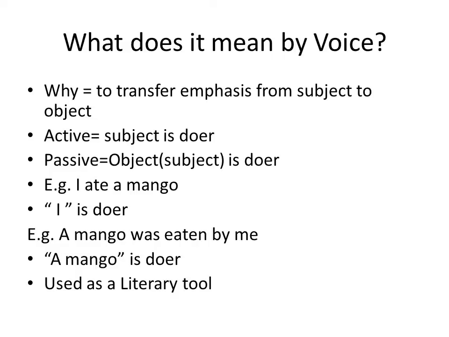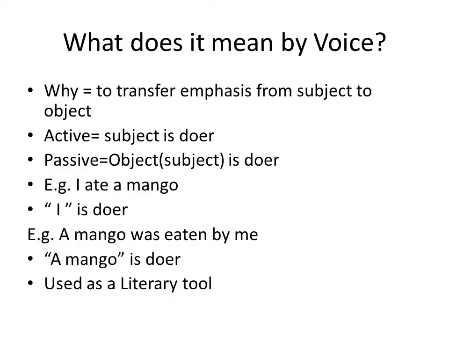Voice is used to transfer the emphasis from subject to object. It means, suppose, let's take an example. I ate a mango. In this sentence, I is the doer. It is an active sentence because we can guess the active construction by its structure.